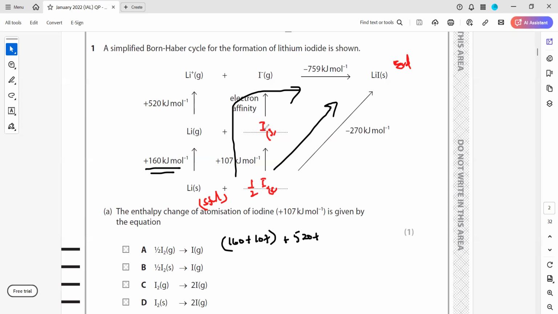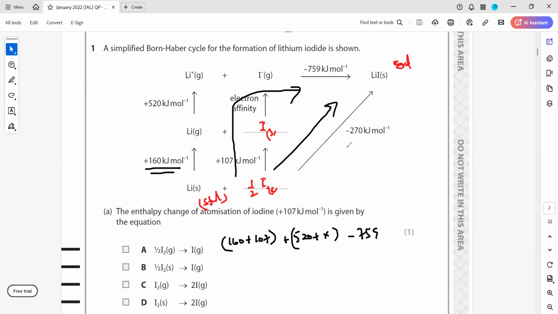Then iodine is atomized, then electron affinity happens for iodine, and then this is the lattice energy. Both ions we have to include. That's why 160 plus 107, then 520 plus X, plus minus 759.